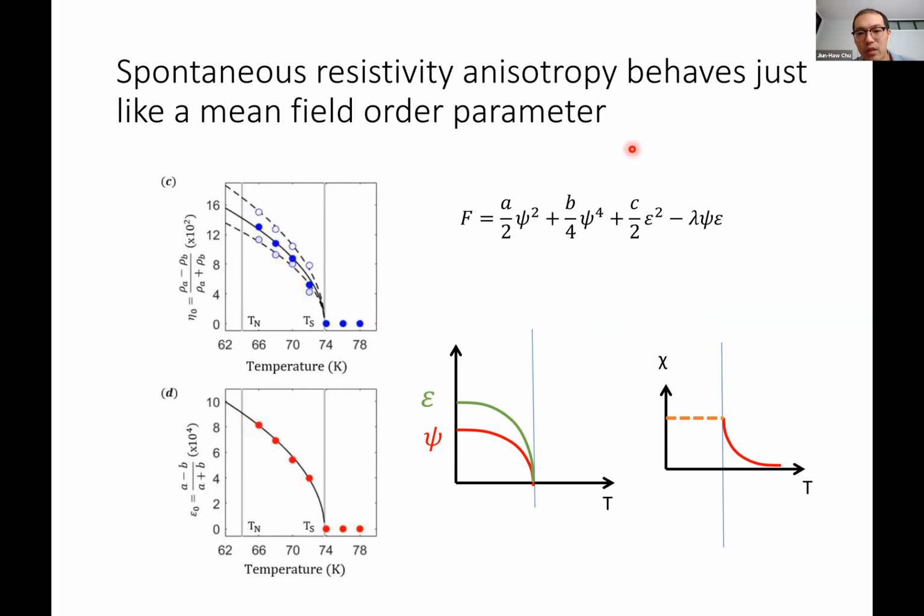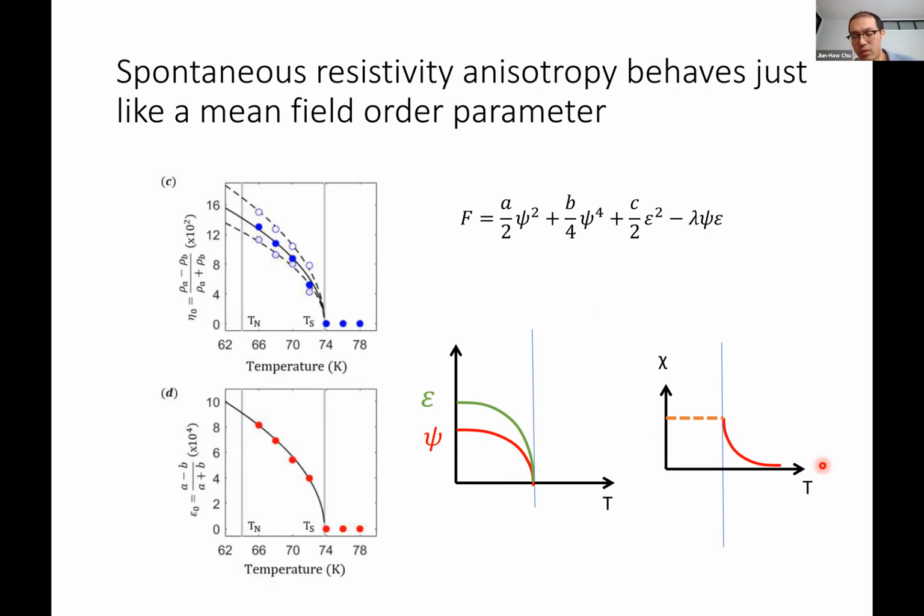So in this free energy, where you have the nematic order parameter as the primary order parameter and the strain as the secondary order parameter, what you expect is that you will have a spontaneous strain and a spontaneous order parameter. They will have a ratio. And this ratio is actually the same number that corresponds to the bare nematic susceptibility at the transition temperature.